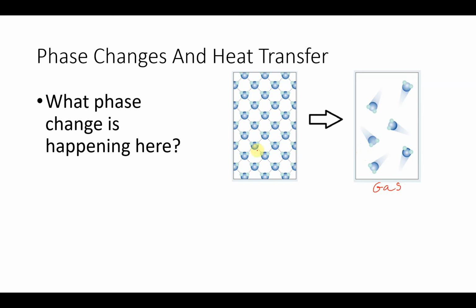And these are really organized in kind of a rigid matrix. They're hardly moving at all. I think that's a solid. So a solid is turning into a gas. And if we were going to say what phase change this is, well, this is the hardest one. Most people don't know this one, but you might. This one is referred to as sublimation.